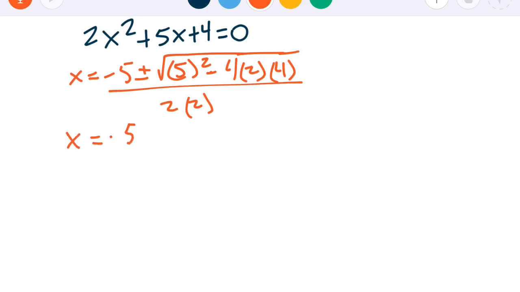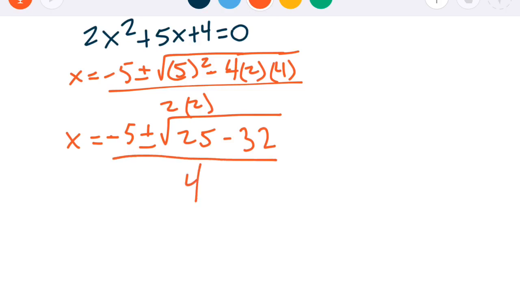So if we simplify that, we have 25, and then if we multiply together negative 4 times 2 times 4, that is negative 32. So we have 25 minus 32, all divided by 4.